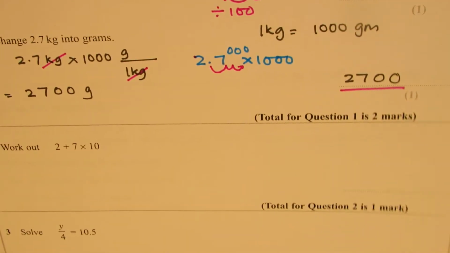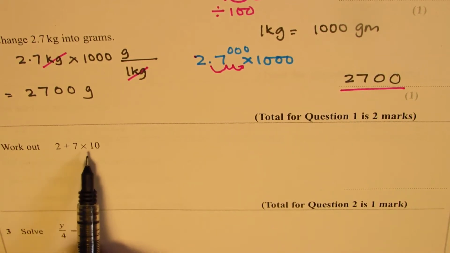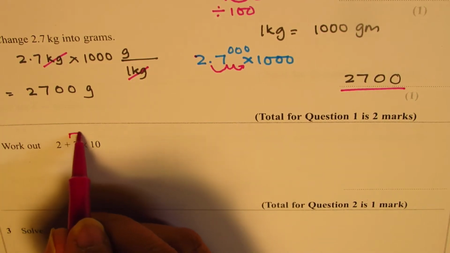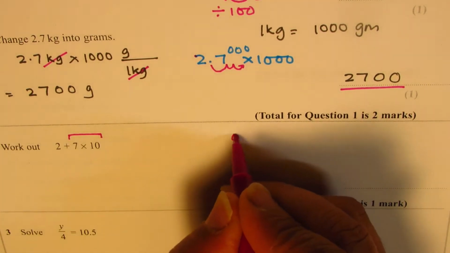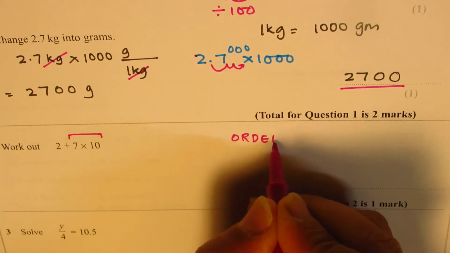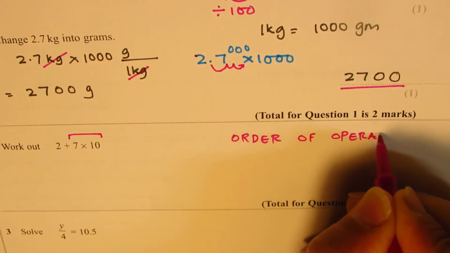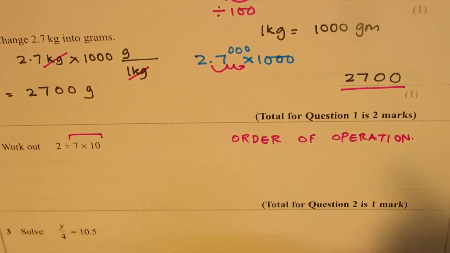Let's look into question number 2. Work out 2 plus 7 times 10. Now in this particular case, we have to first do the multiplication, right? So the order of operation is important. So this question relates to order of operation. There are many different ways we have short forms.